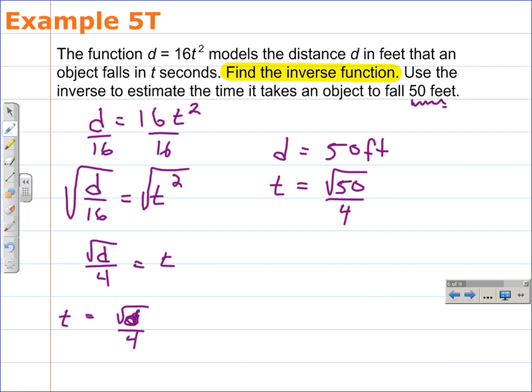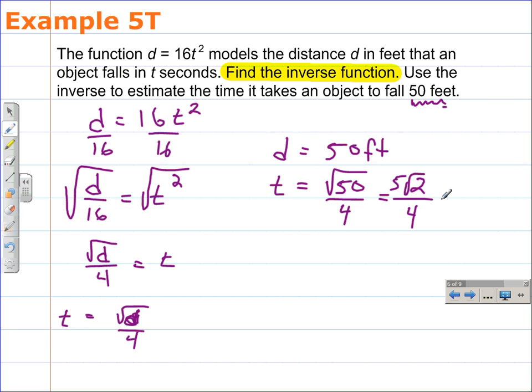It doesn't tell us to round, so we could put that into simplest radical form if we wanted to. That would be 2 square roots of 5, or 5 square roots of 2. I said 2 square roots of 5, but it's 5 square roots of 2 divided by 4.